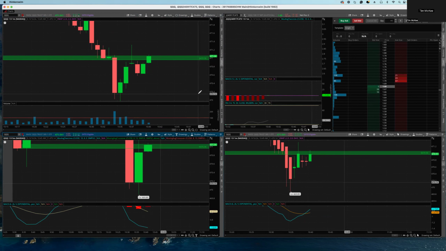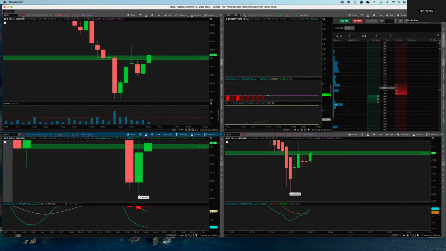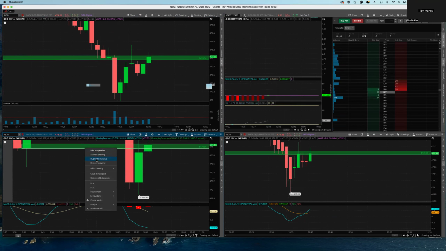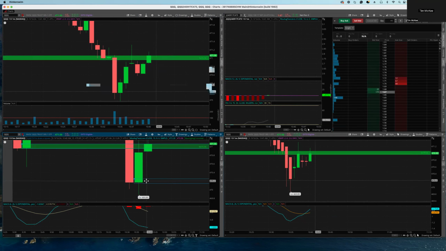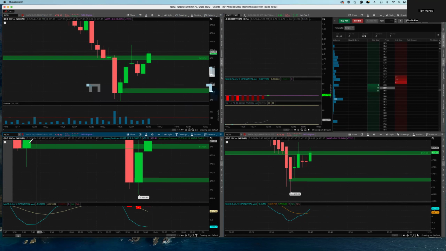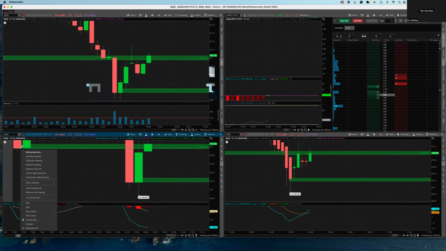Price breaking through the demand zone. Oh yeah, we could move that down too. So we will duplicate this. Right down right there. Duplicate the price level.